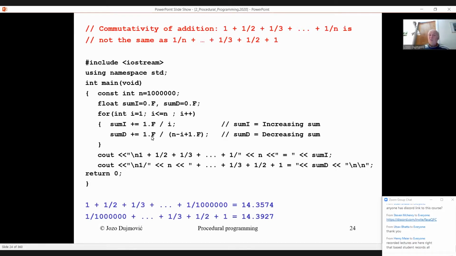And what I have is that these two sums that mathematically should be identical are different. So if I go 1 plus 1 divided by 2 plus ... 1 divided by million, I'm going up to a million, I get 14.35. But if I go in the opposite direction, I get 14.39.